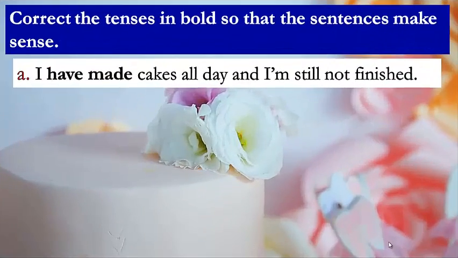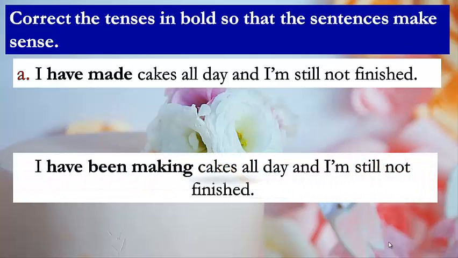Let's check the answers. I have made cakes all day and I am still not finished. I have been making cakes all day and I am still not finished. So the first sentence is present perfect, but for the right meaning and structure, I have been making, and this is the present perfect continuous.